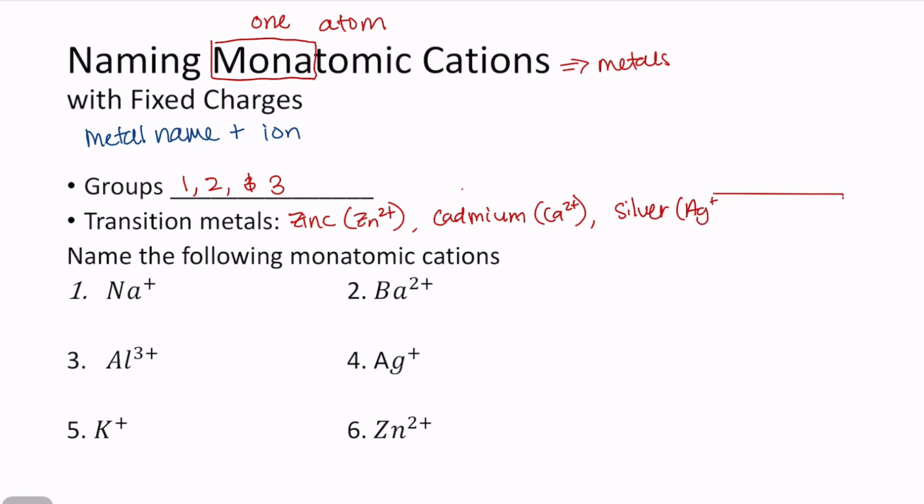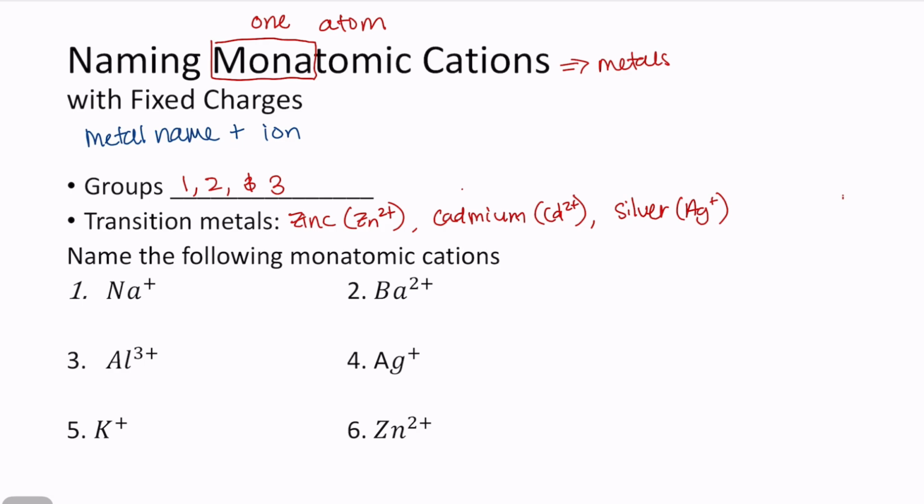So these are the transition elements that you must know the charges of. Groups 1, 2, and 3, you can look at the periodic table, know the charges of them. Transition metals, you can't. So these 3, I do require you know. Zinc has a 2+, cadmium has a 2+, and silver has a +1.